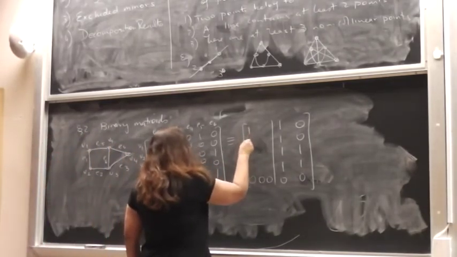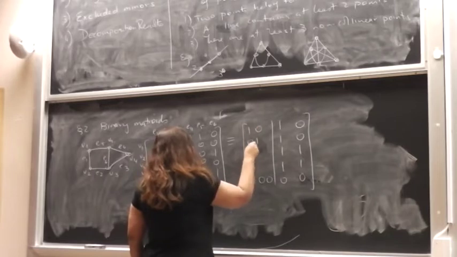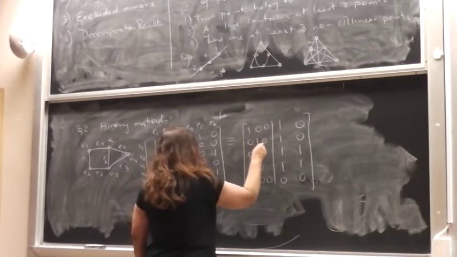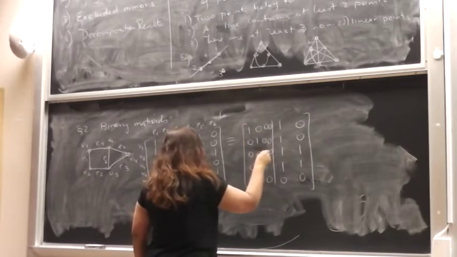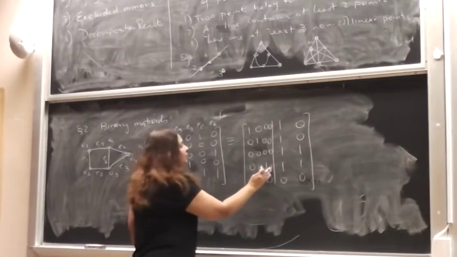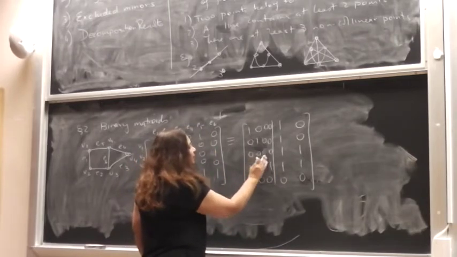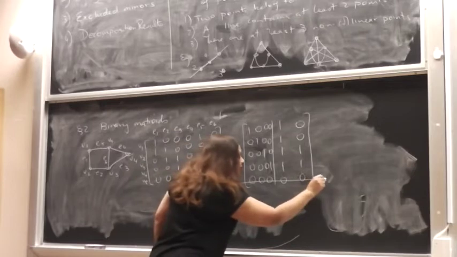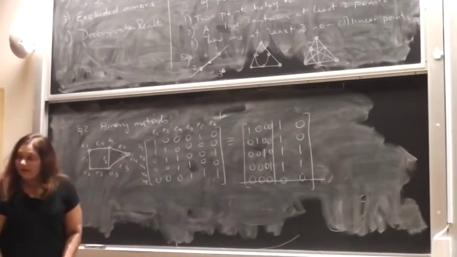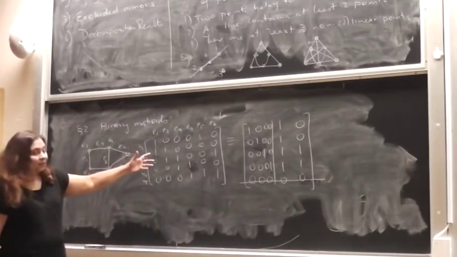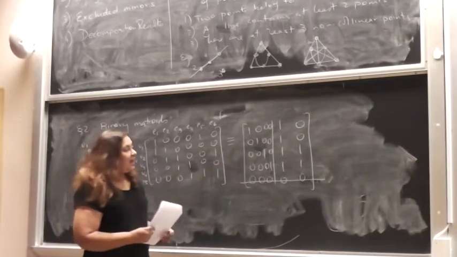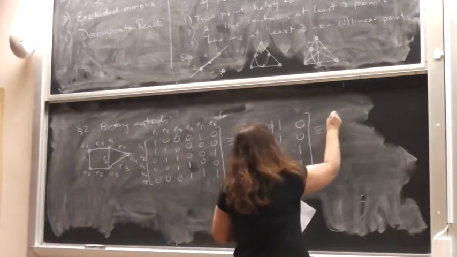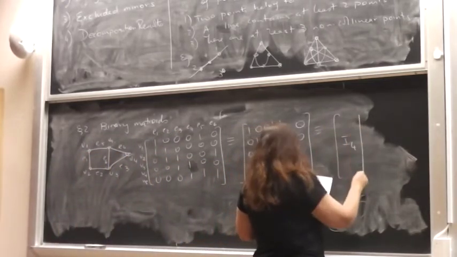So do what it takes to make some of these columns identity. There we go. So this row is unnecessary, right? So elementary row operations will get you this, and we can write this as I4 like this.